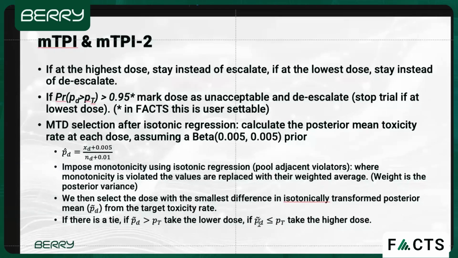If that mean value for both is below the target, then you take the higher of the two doses. And I've gone into that in a little bit of detail because the other rules-based methods all do the same thing, so I won't need to repeat that for the other methods. I shall just refer back to say they do what mTPI does.